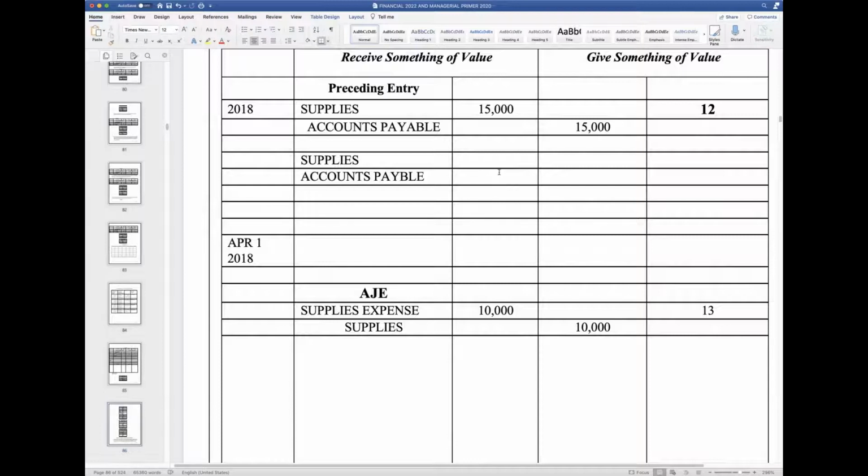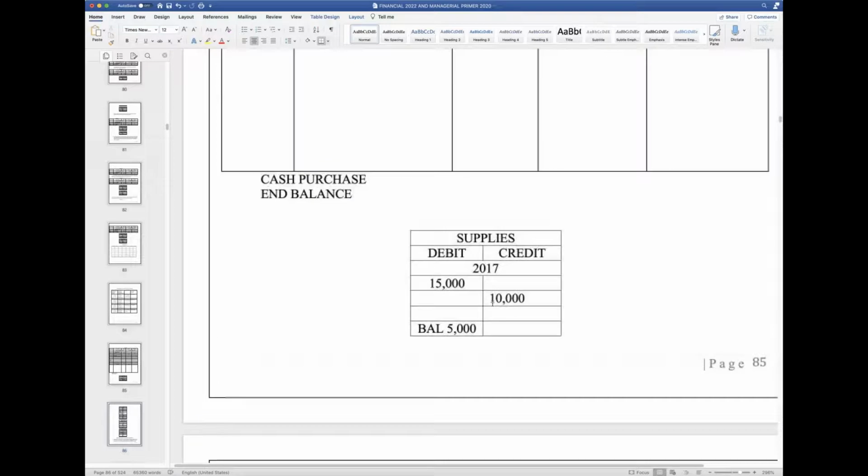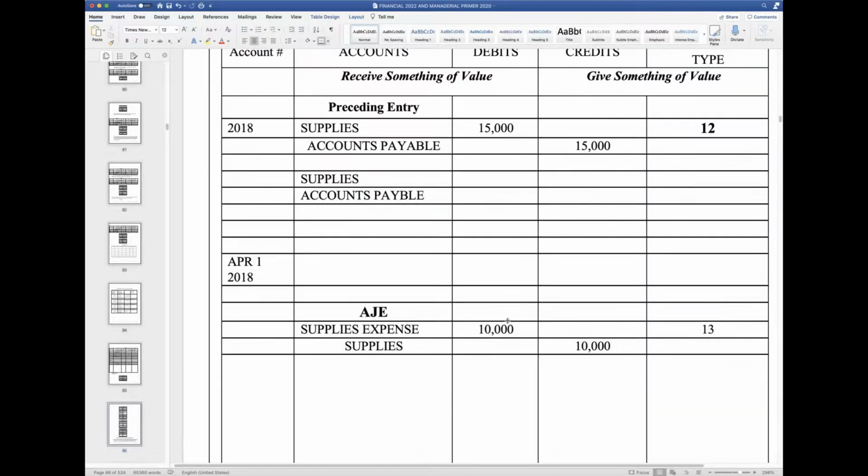So we record the preceding entry, the purchase of the supplies. Once they tell us how much is left in the account, we know we have to take the difference between what we had and what's left to come up with the amount in the adjusting entry.